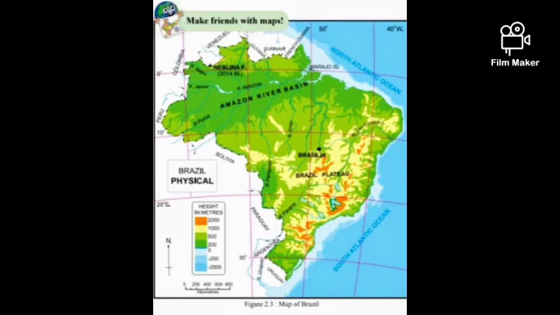The latitudinal extent of Brazil is 5 degree 15 minutes north to 34 degree 45 minutes south latitude, and the longitudinal extent is 34 degree 45 minutes west to 73 degree 48 minutes west longitude.